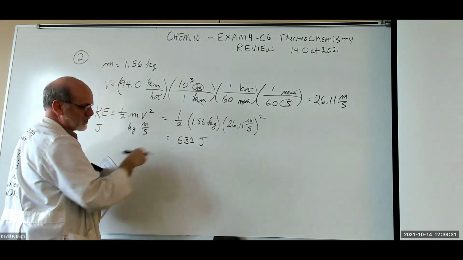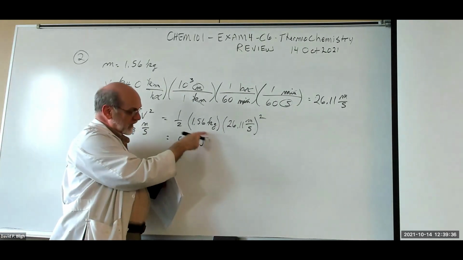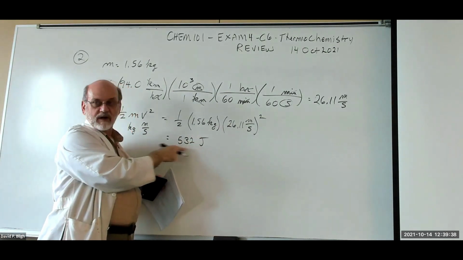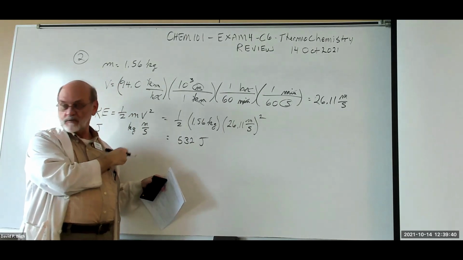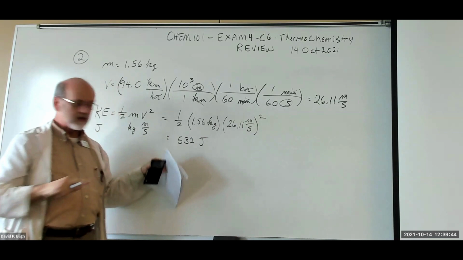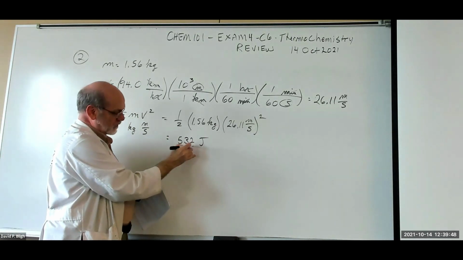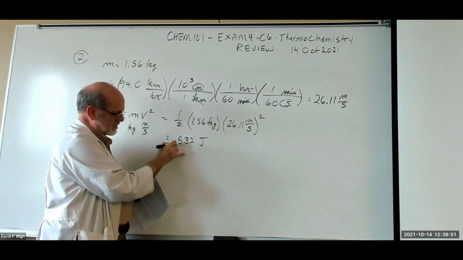So how do we make kilojoules out of that? Well, remember, as the unit gets bigger, the number has to get smaller. So if we change the unit to kilojoules, that's 1,000 times bigger. So the number has to be 1,000 times smaller. So we go 1, 2, 3.